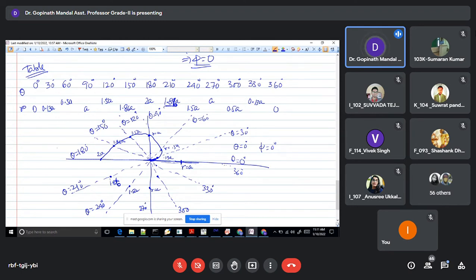Now this is symmetric about theta equal to 0, so the same curve lies under the line theta equal to 0. So this is our curve, r equal to a(1 minus cos theta).